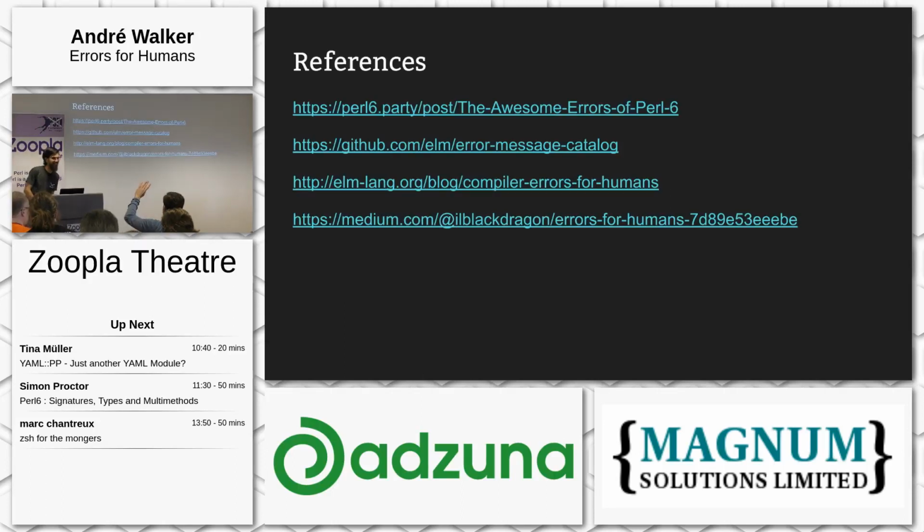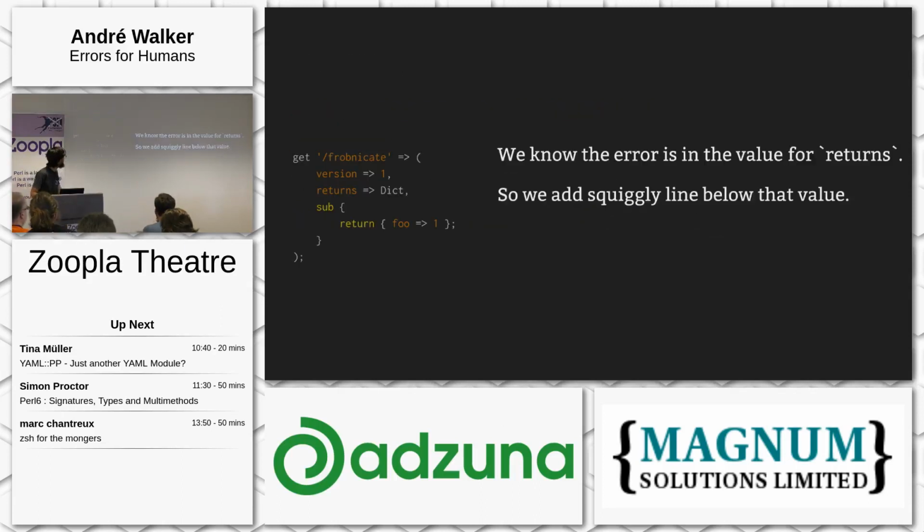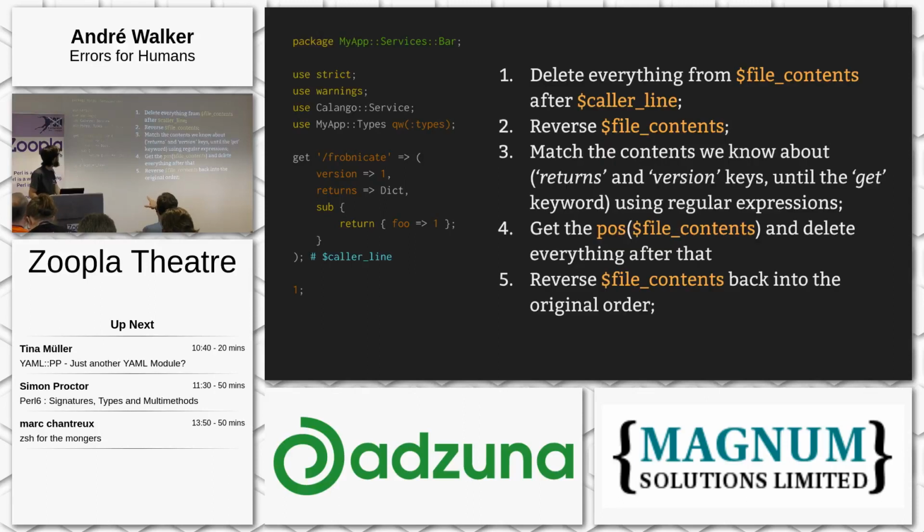Questions? Yes? Can you go back to your code example? I'm not sure about where the error comes from. Does it come from the dict function, or is dict just a constant? No, it's detected in the get function.